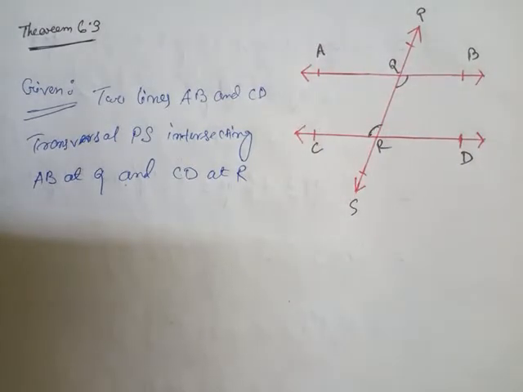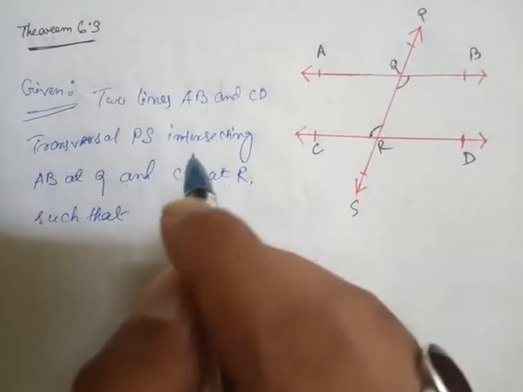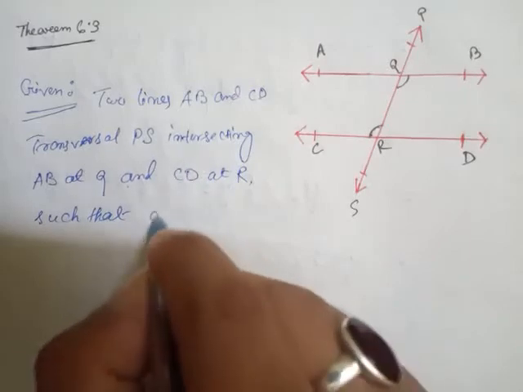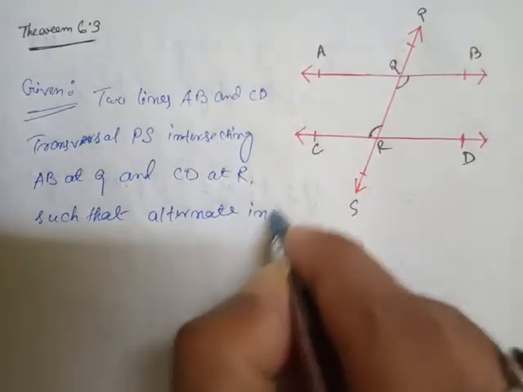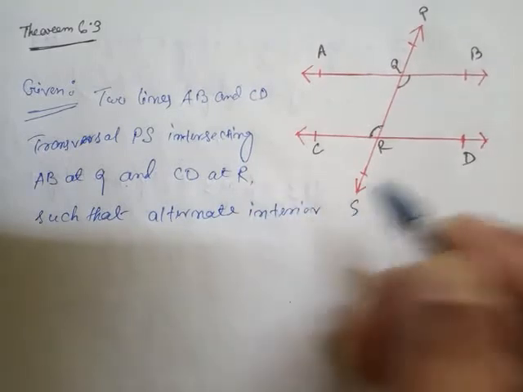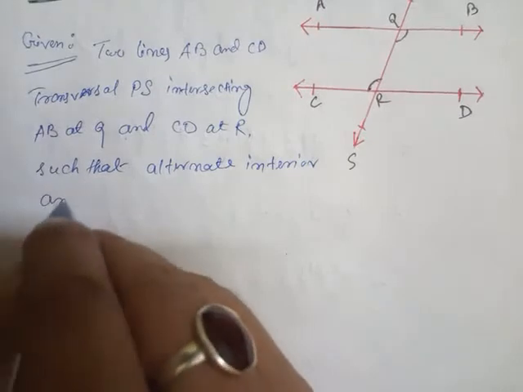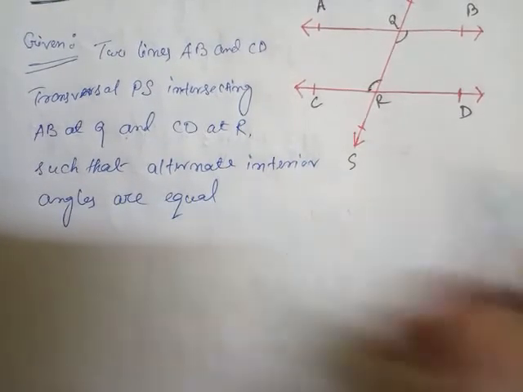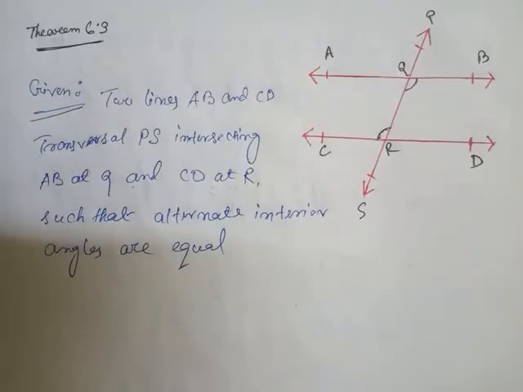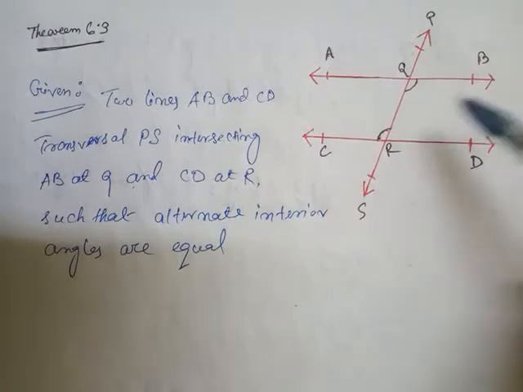Now look, after that, such that alternate interior angles are equal. Now look after that students, so we can say that these and these are the alternate interior angles, and these two are equal.